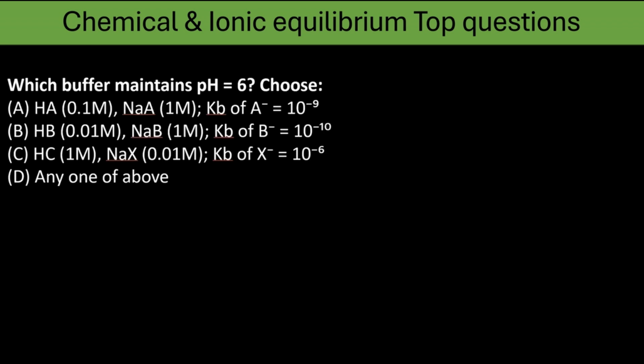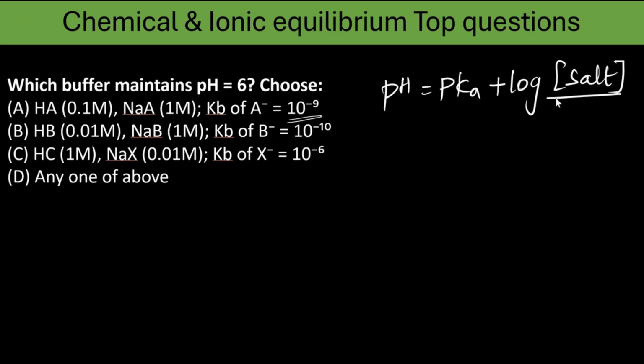That makes your answer. Which buffer maintains pH equal to 6? First one, I have HA at 0.1 molar and NaA at 1 molar. The Kb value is given as 10 to the power minus 9. All you need to do is just remember the Henderson-Hasselbalch equation: pH is equal to pKa plus log of salt by acid.